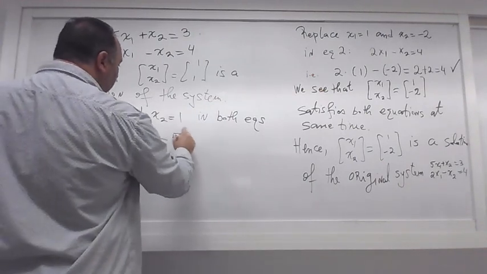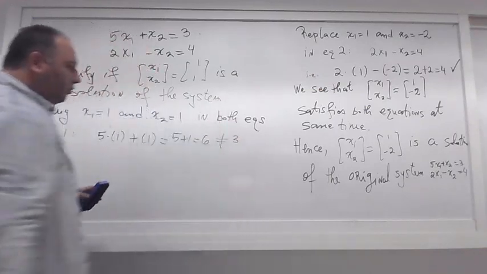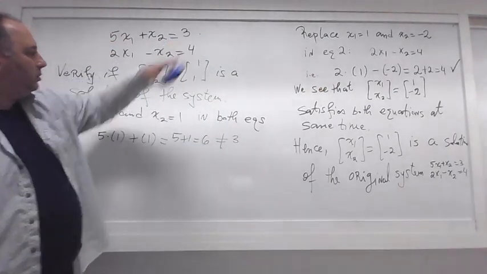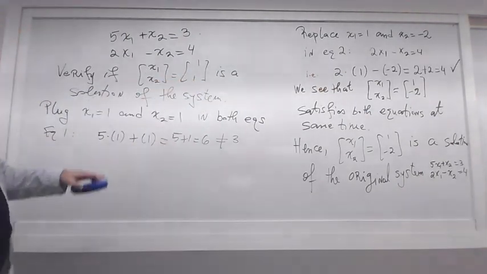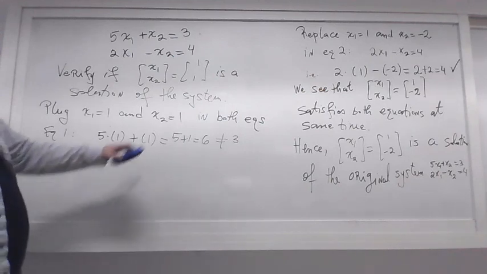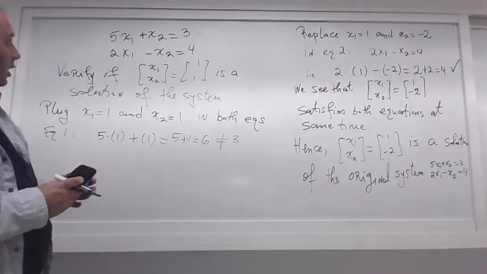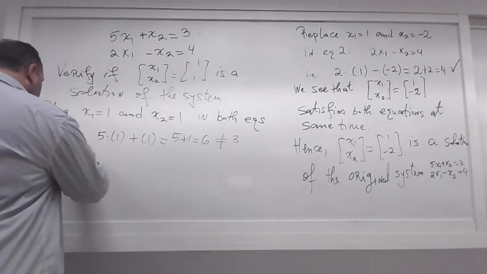This is equal 5 plus 1, which is 6. Well, this is different from 3, because on the other side it's supposed to be 3. So that means that 1, 1 doesn't solve equation 1. Well, if this doesn't solve equation 1, it cannot solve both of them, because it already doesn't solve one of them.